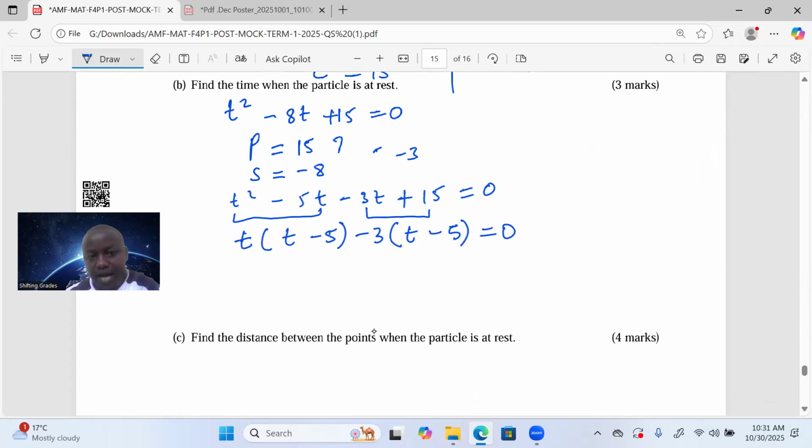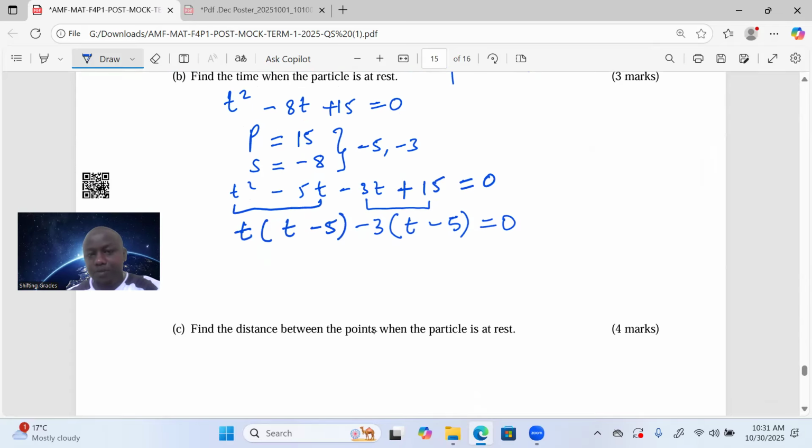At this point now, ladies and gentlemen, we should be in a position to say that inside the brackets we are getting t minus 5, and outside the brackets we have t minus 3. This is now equal to 0.